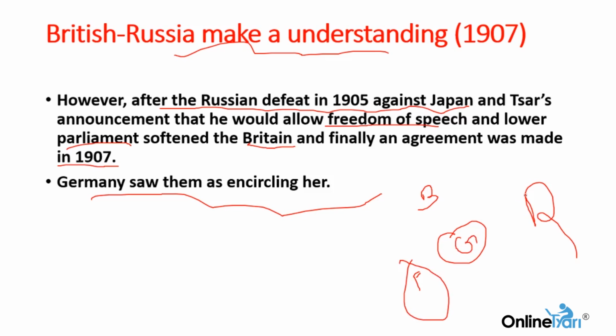They all had a pact with each other, and you are left alone here. So any country would think that even though they might not have come together to make war on Germany, Germany thought that they were encircling her, and Germany resented that.